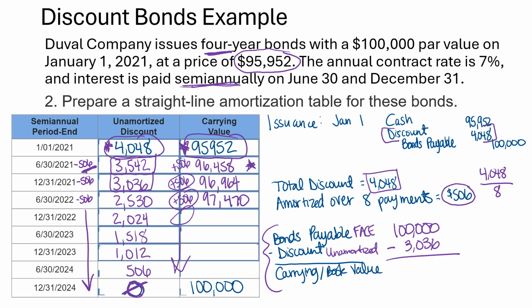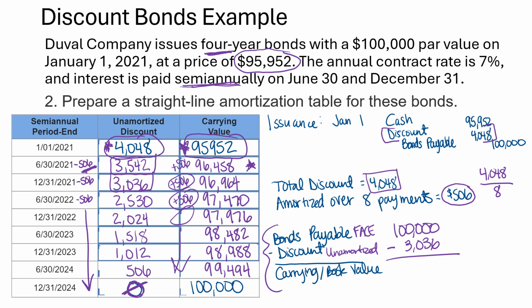If you do that again, plus 506, you get 97,976, followed by 98,482, 98,988, and then 99,494.